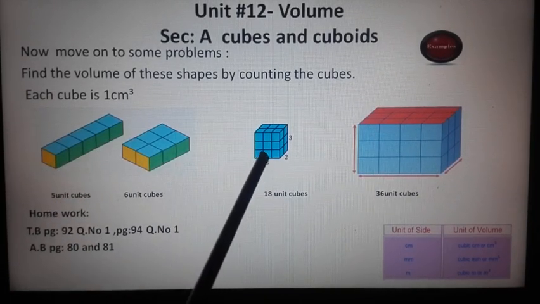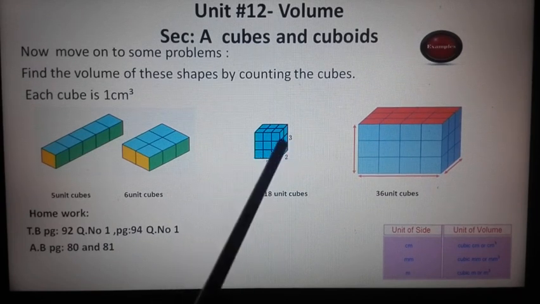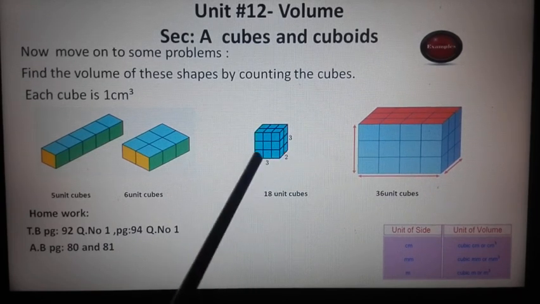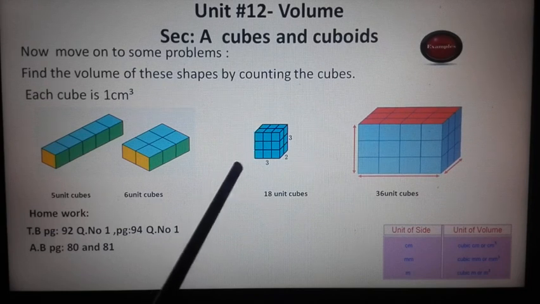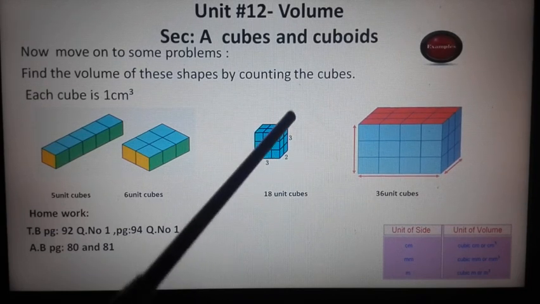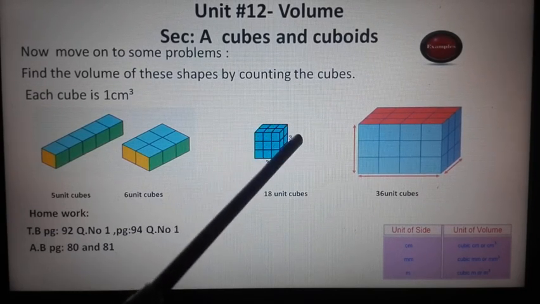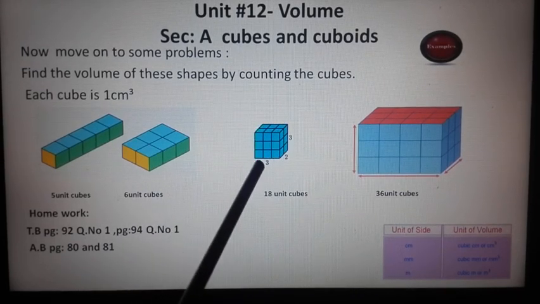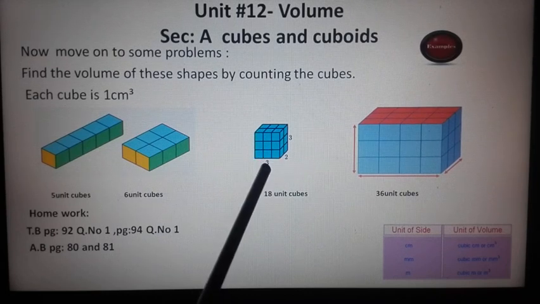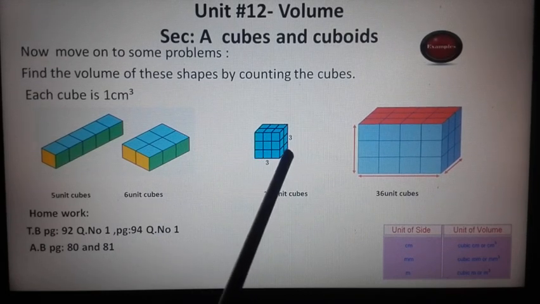In numbers 1 and 2, it is easy to count. But number 3 has layers, isn't it? The cubes are arranged in layers, so it is difficult to find how many are arranged at the back of this figure. So we can do it like this. Count the length of the figure: 1, 2, 3. Write it down and count the breadth: 1, 2.